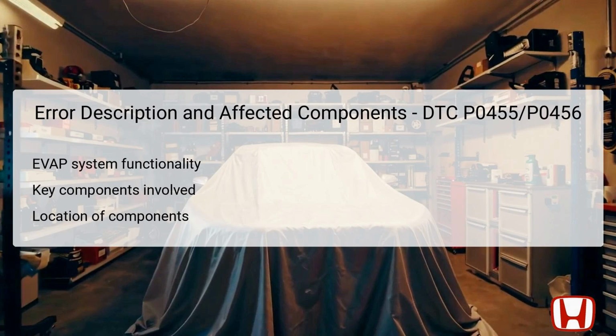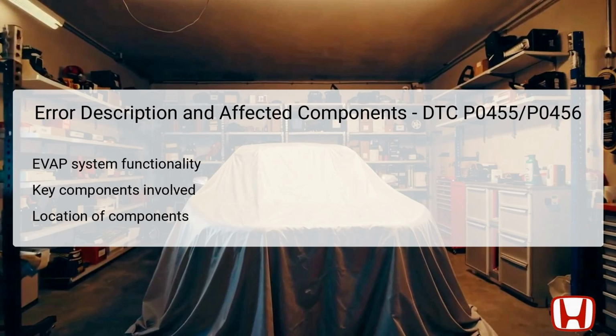The EVAP system's primary function is to minimize hydrocarbon emissions by capturing and recycling fuel vapors. The major components involved include the EVAP canister, which stores vapor, and the purge valve, which allows the engine to draw in those vapors for combustion. An additional critical element is the vent shut valve, which prevents outside air from entering the system during operation.